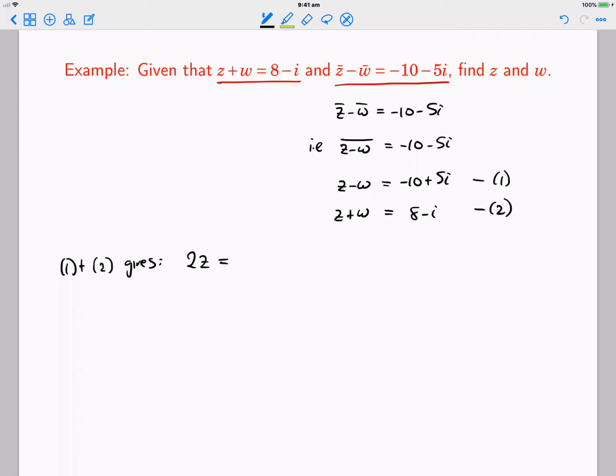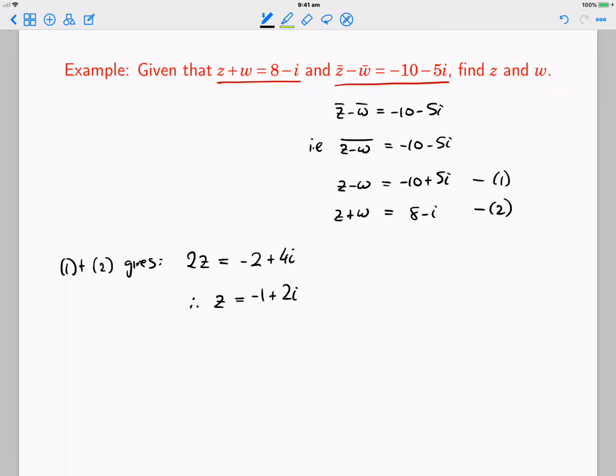So I'm going to get 2z. And then if you add the right-hand sides, again, it's just about collecting like terms. So minus 10 plus 8 is minus 2. 5i minus i is plus 4i. And so therefore, dividing both sides by 2, you get your z: minus 1 plus 2i.